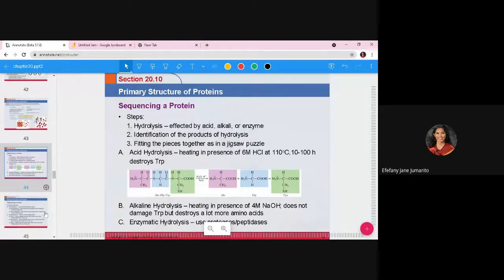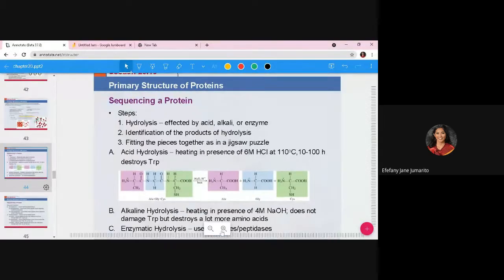Okay, we have the sequencing of protein. So we have the hydrolysis, the identification of the products of hydrolysis, fitting the pieces together in a jigsaw puzzle. Okay, acid hydrolysis. When we say acid hydrolysis, it is in the presence of acids, then at higher temperature.